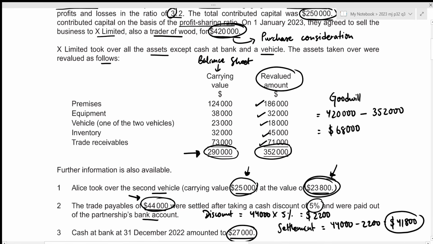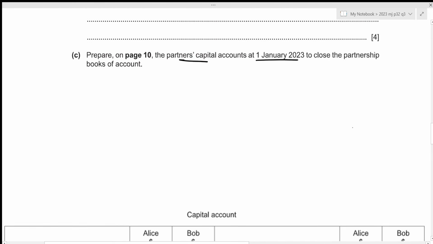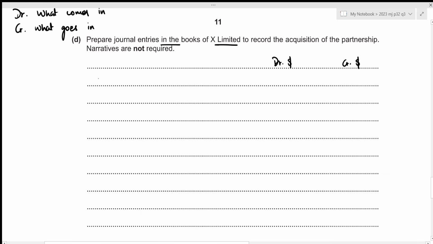So let's record these items on the debit side of the journal entry. So we have premises of 186,000. We have equipment of 32,000. We have vehicle of 18,000.